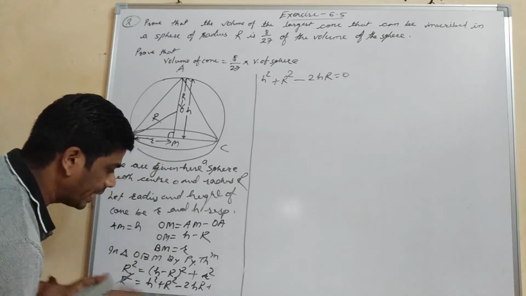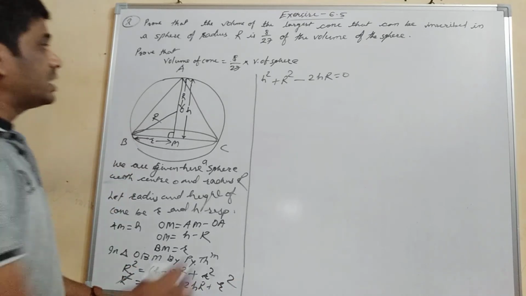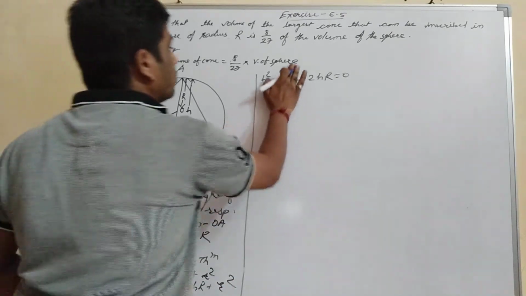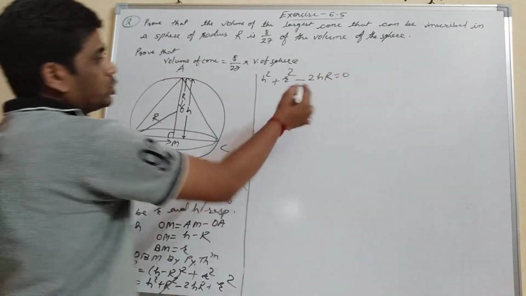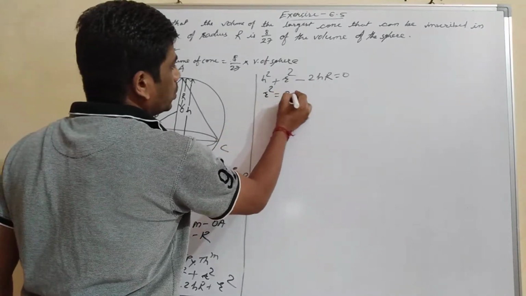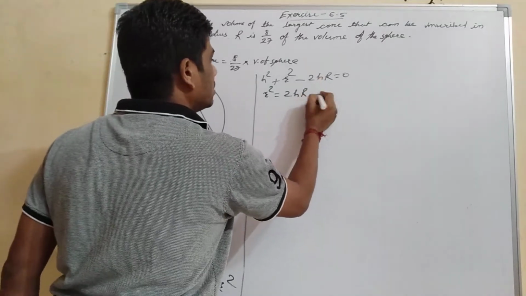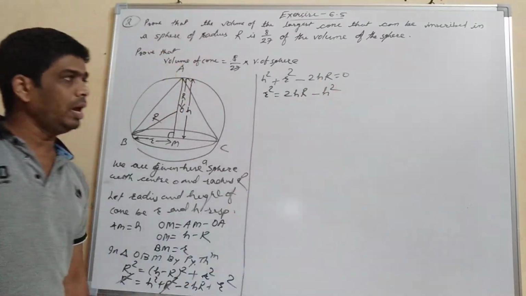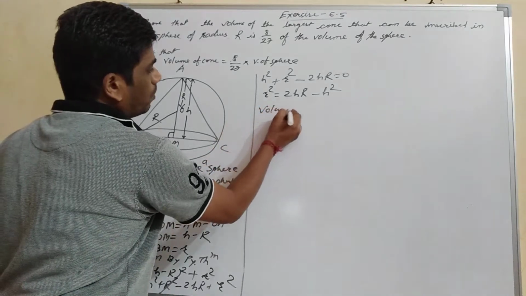So this will not be cancelled, only capital R square will be cancelled. So what is left? h square plus small r square minus twice hR equal to 0. So r square you can find from here. r square will be 2hR minus h square.